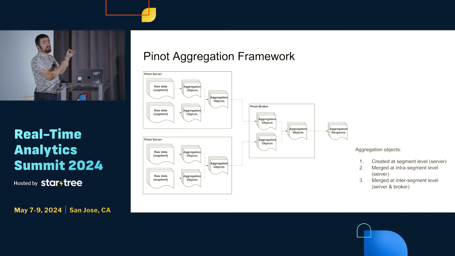And when you run an aggregation, any kind of aggregation, sum, mean, median, max. So these aggregation objects are created per segment, even lower than the segment level. But for this purpose, they are created initially inside the server, and then they are merged inside the server, and then they are passed to the broker. They are merged further.